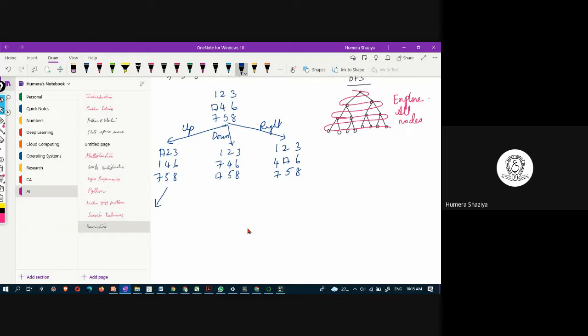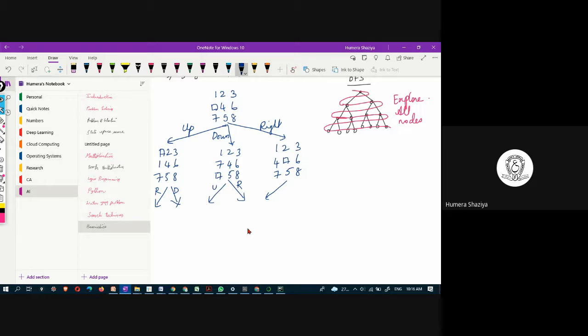Only 2 moves, R and D. Here, how many moves are possible? This is up and right. So up, right, these are 2 moves. Here, how many moves could we get? Here we could get up, down, left, right.